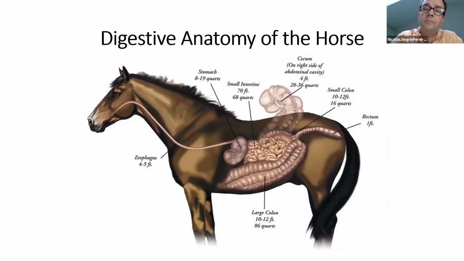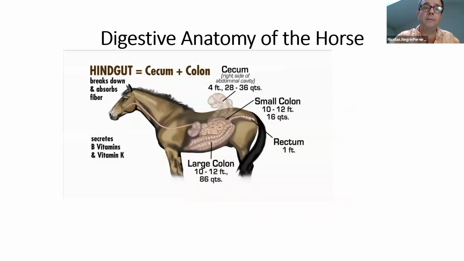And remember, the cecum is normally located on the right side of the abdominal cavity. I know it's not exactly the same structure, but comparing with the cattle, when cattle are bloated, we will see swelling on the left flank. In the case of a horse, when they are bloated for some reason, we'll see that bloating mainly occurring, that swelling, on the right flank of the animal.